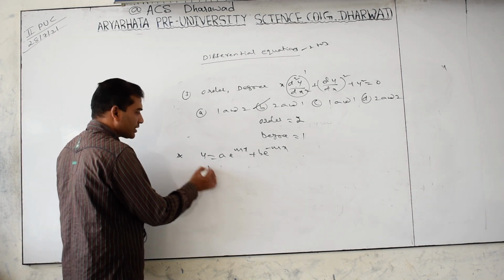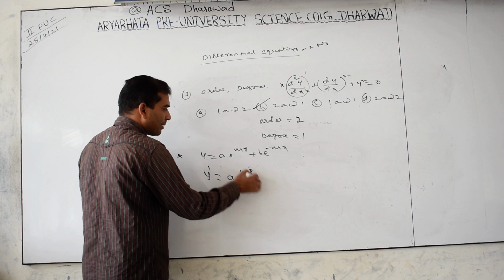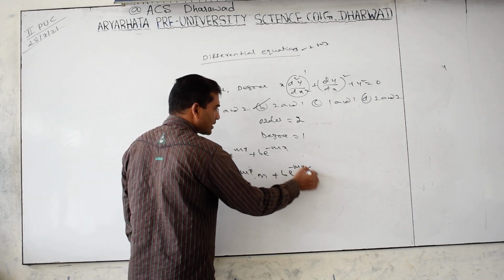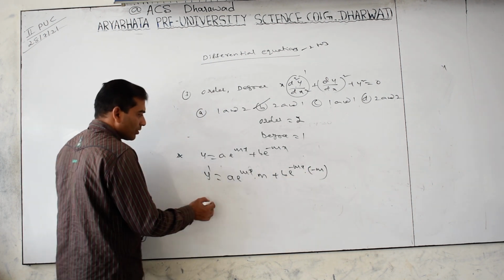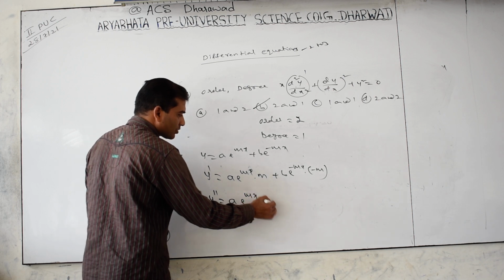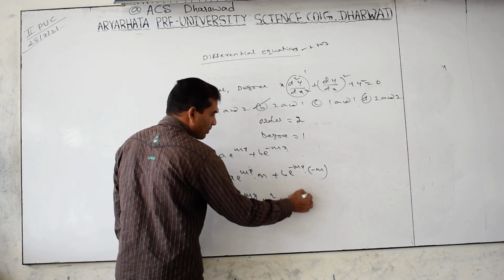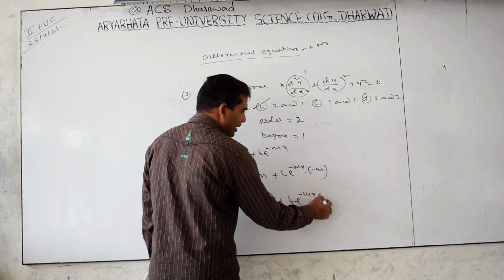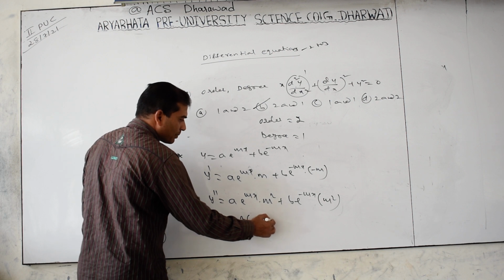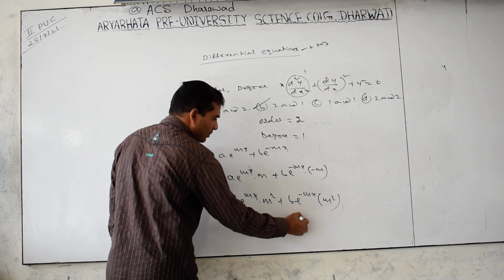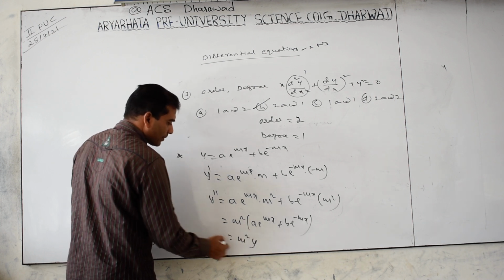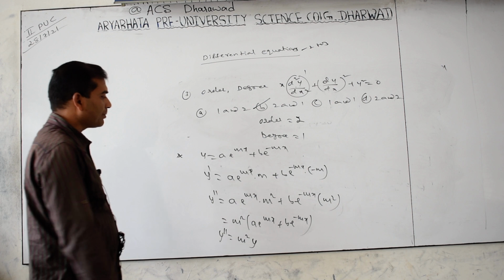First y dash equal to a e power mx into m plus b e power minus mx into minus m. y double dash: a e power mx into m square, b e power minus mx into minus m into minus m, plus m square. Take m square common: a e power mx plus b e power minus mx, times m square, which is equal to y. So y double dash equal to m square y.